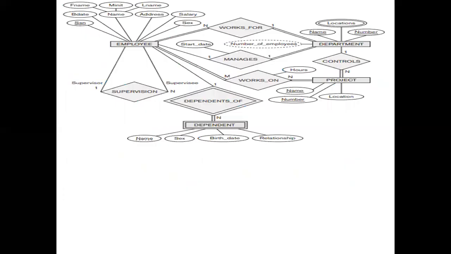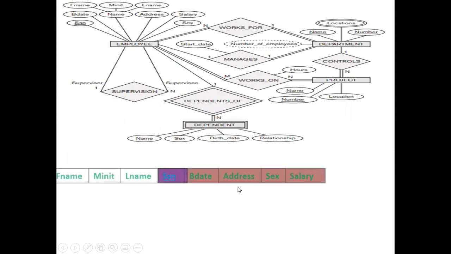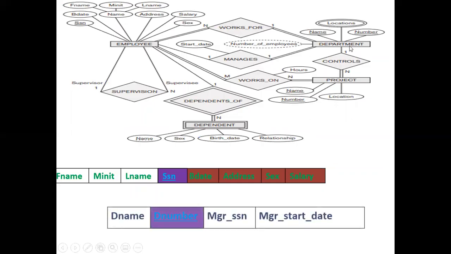For example, if I take a 1:n relationship, that is works for. Here we have works for, then controls and supervision. If I take works for, the participating entity types are employee and department.